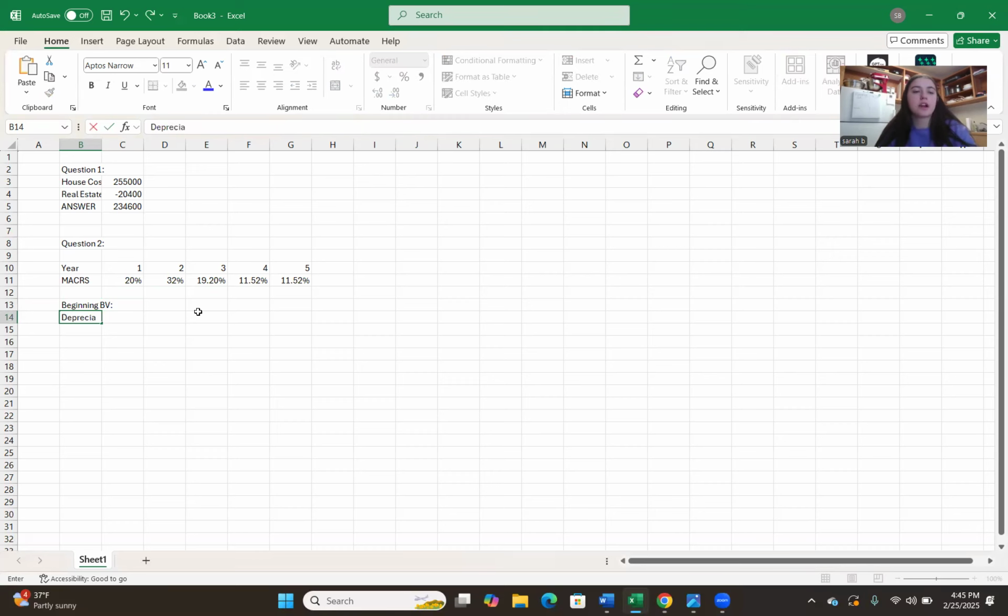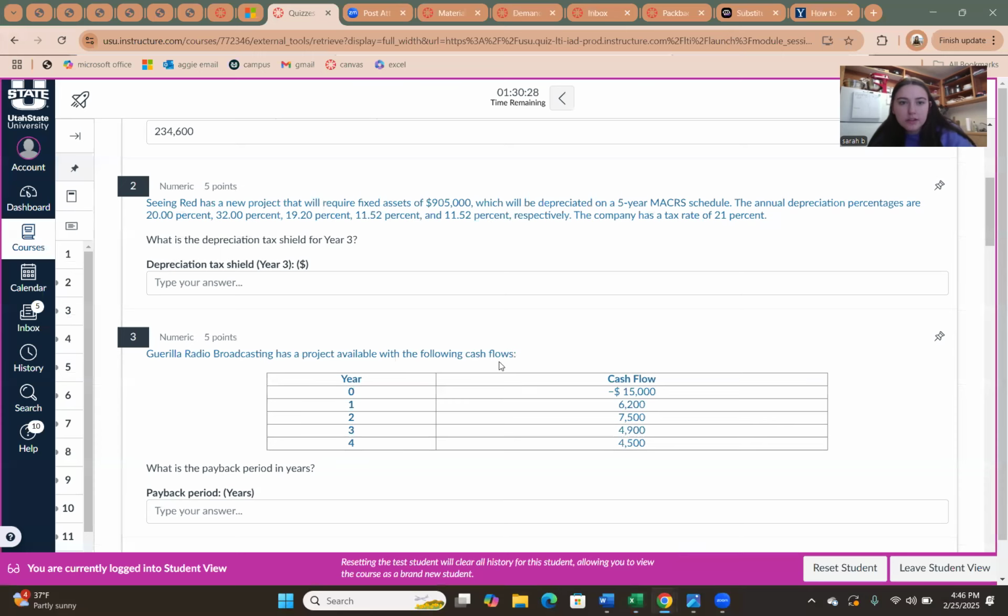Depreciation is what we're subtracting, and ending book value is what we're going to use for our depreciation tax shield. So let me put the tax rate over here. 21%, I think. Okay, now let's go back here. Make sure we've got everything right. 21%, $905,000. Okay, that's all I need.